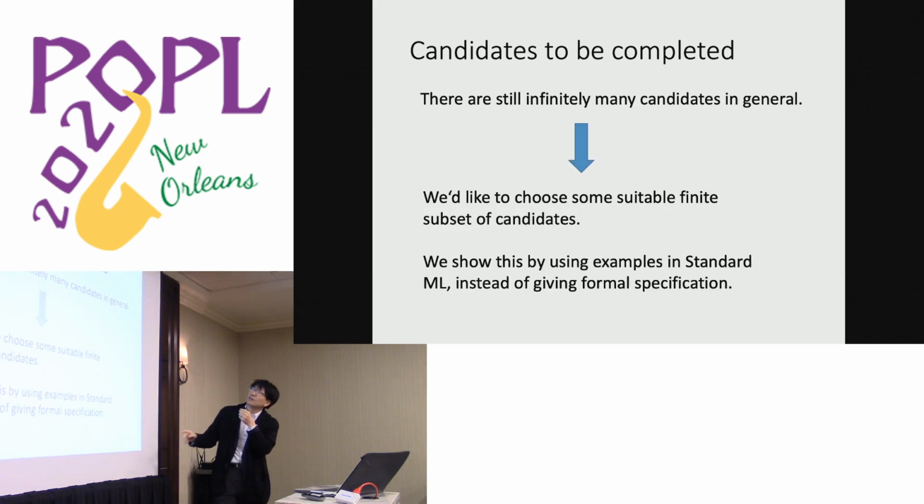But there are still infinitely many candidates in general. Then we'd like to choose some suitable finite subset from the candidates specified in the previous slide.